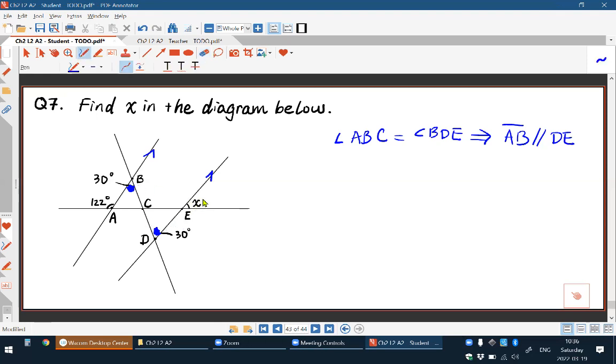Because we want to find x, it seems that we can use this angle, right? Because if you have two parallel lines, then first of all, this is x, because this is a transversal line.